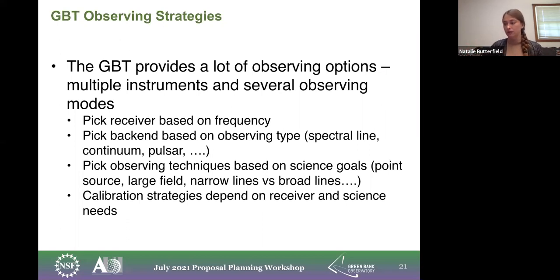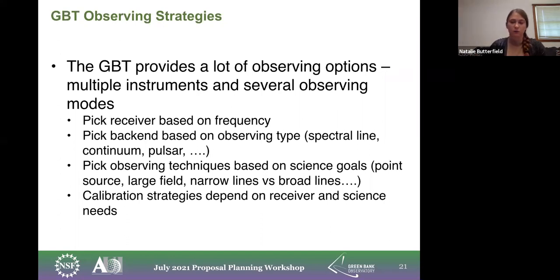As you go to really high frequencies, you need to do what's known as an auto OOF, where you map the dish surface to minimize the RMS levels for the dish surface. An auto OOF is something that you would need to do with an Argus observation, but you really don't need to do that with L-band. So your calibration strategies can depend on the receiver and the science case.